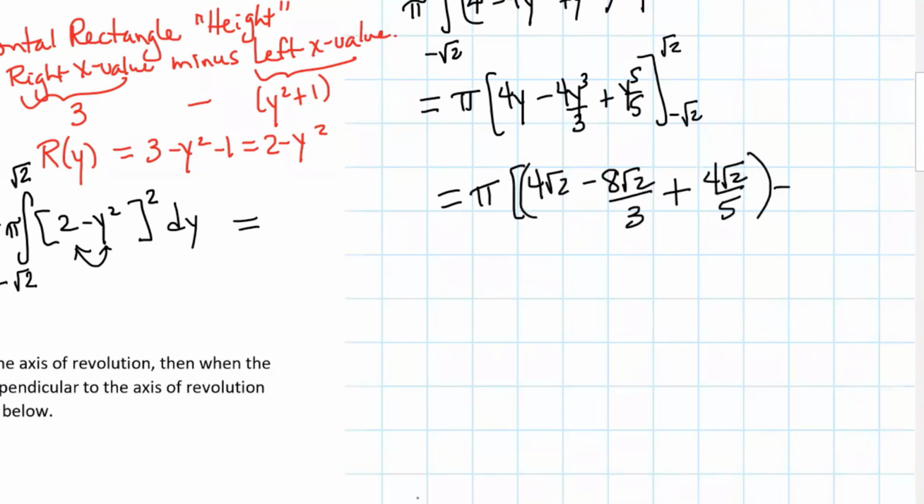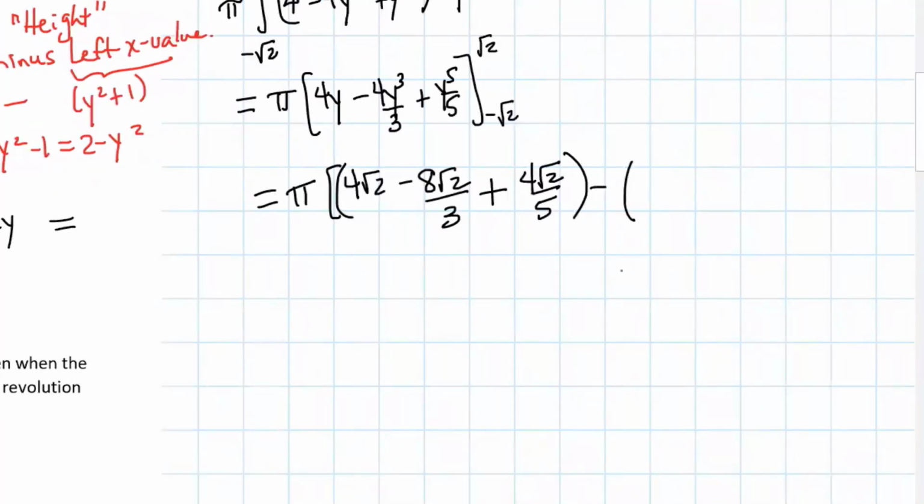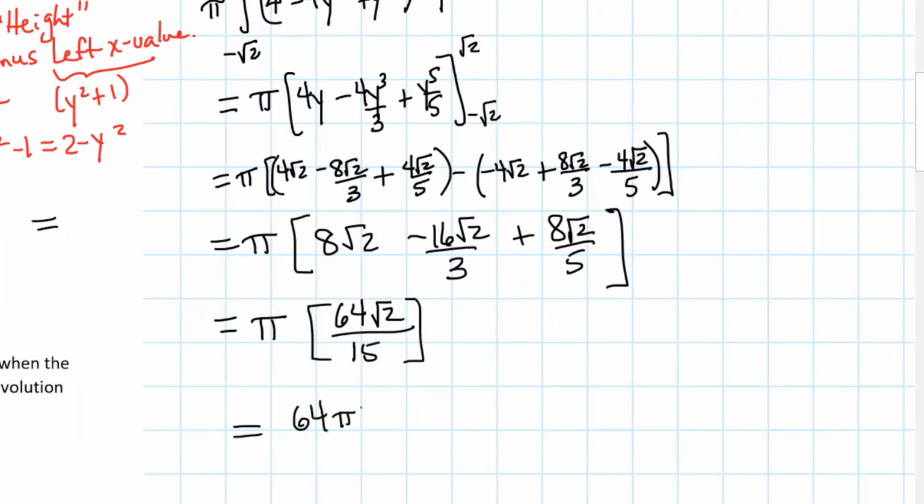Okay, we're going to subtract from that, parenthesis, negative 4 root 2 plus 8 root 2 over 3 minus 4 root 2 over 5. So 64 pi root 2 over 15.